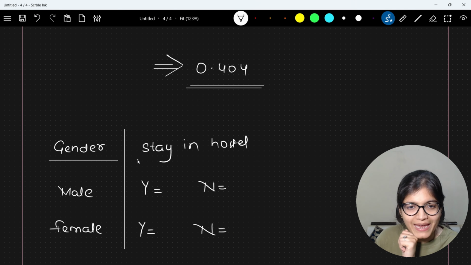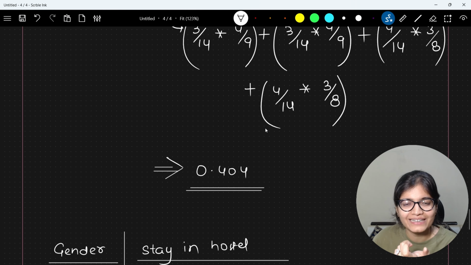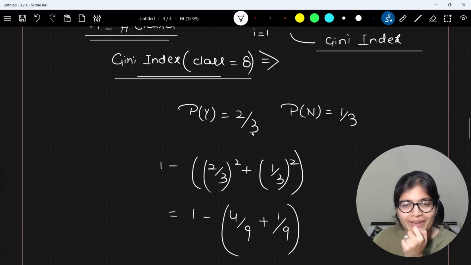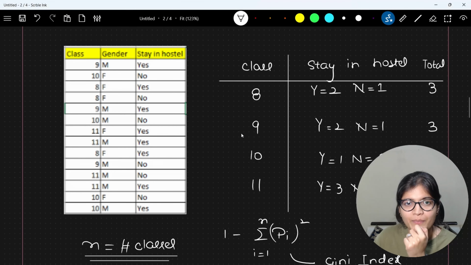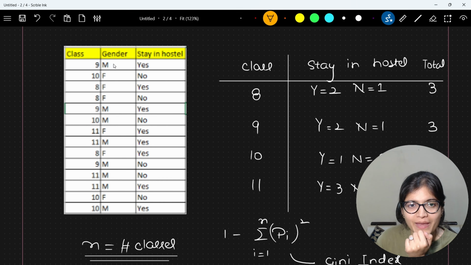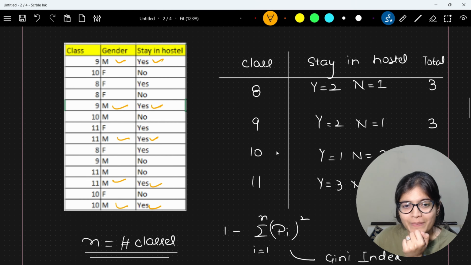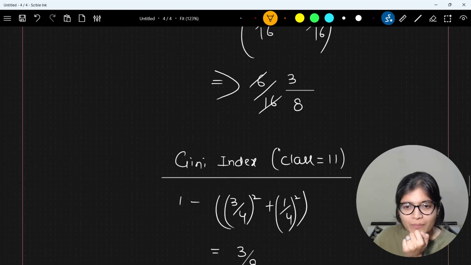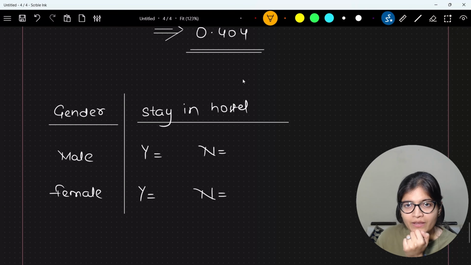So if a person is male and the value is yes, how many records are there? 1, 2, 3, 4 and 5. It means in total we have 5 records.